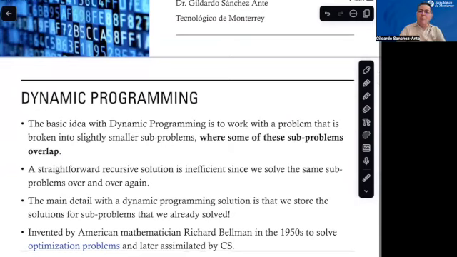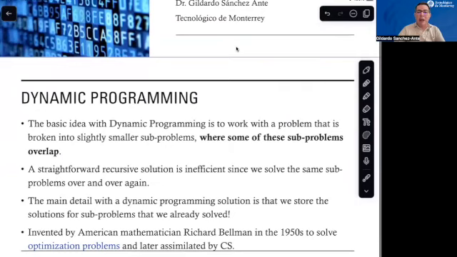Most of the problems that can be solved in this way can also be solved by traditional plain recursive solutions. However, those solutions are usually very inefficient because we will be solving the same problem over and over again.